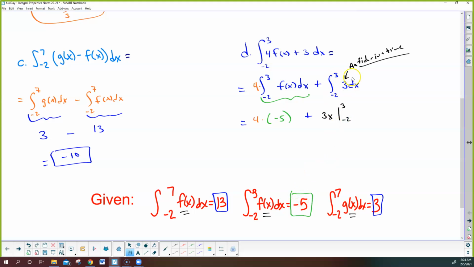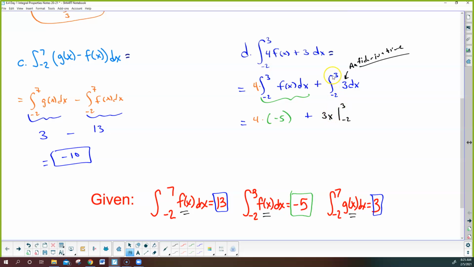And by the way, since we're doing an actual antiderivative here, I'm going to make a quick reference to the quiz that you took on Monday. Notice how if I take the antiderivative, I do not write the integral symbol anymore. A handful of people had done that on the problem you had to submit as a free response question. So that's poor notation. If you're putting an integral symbol in front, that means you still have to take the antiderivative. And that's what we did to get the 3x.